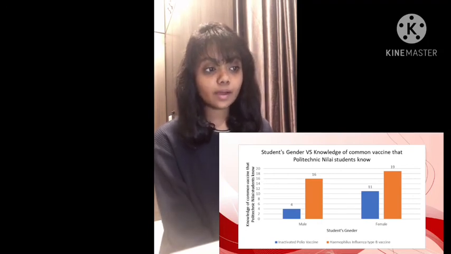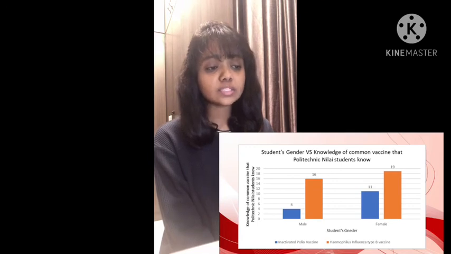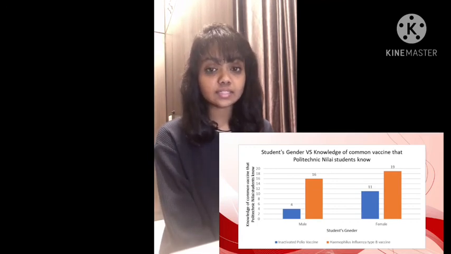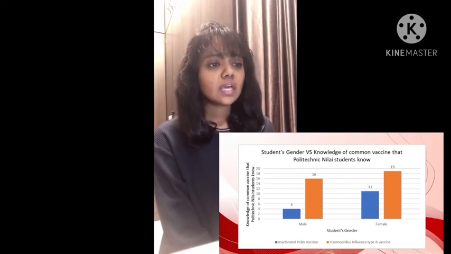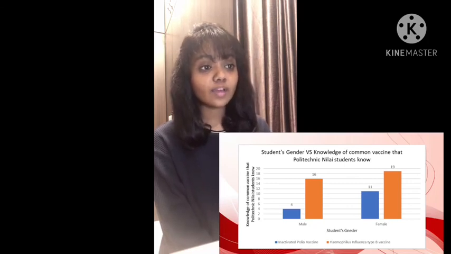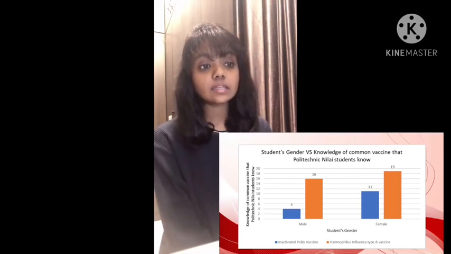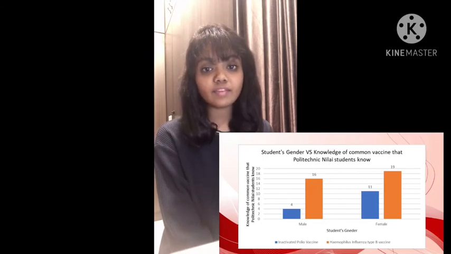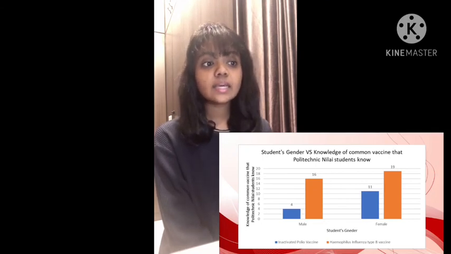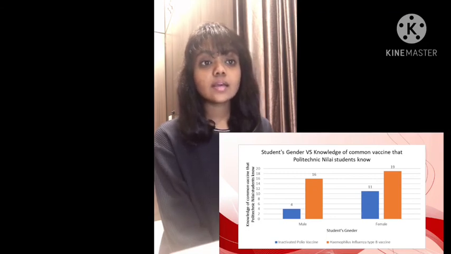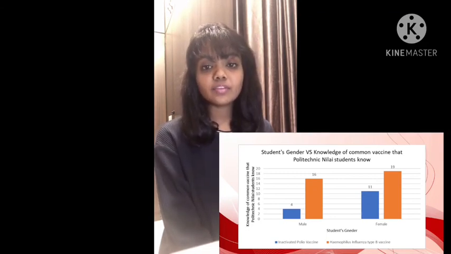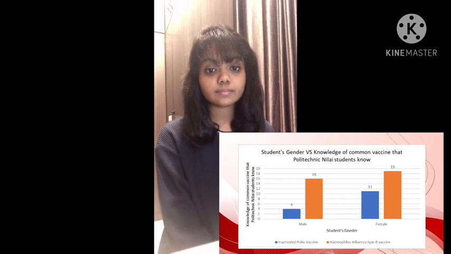If you look at the bar chart, the blue is the inactivated polio vaccine, and the orange is the Haemophilus influenza type B vaccine. 4 males have answered the inactivated polio vaccine, and 16 of them have answered the Haemophilus influenza type B vaccine. As for the females, 11 of them have answered the inactivated polio vaccine, and 19 of them have answered the Haemophilus influenza type B vaccine.